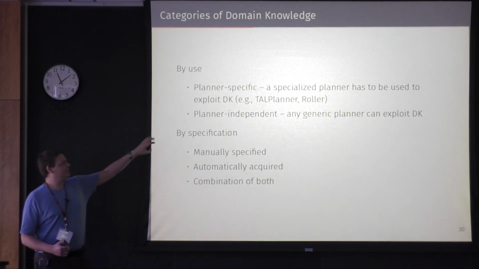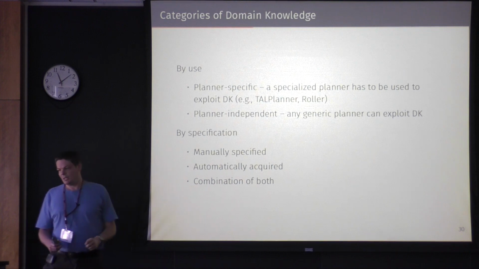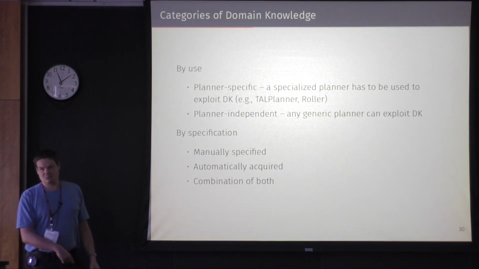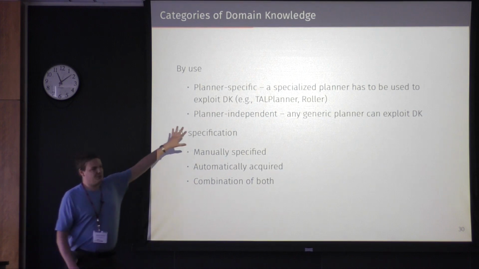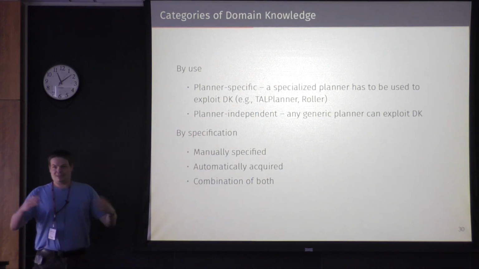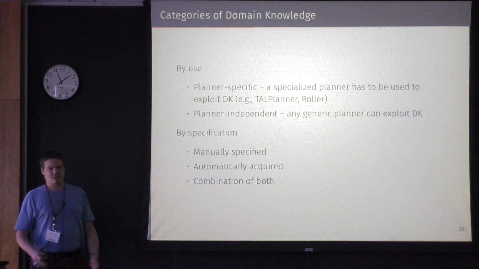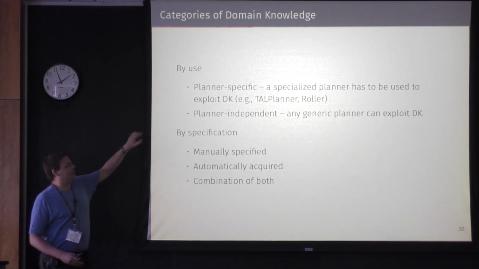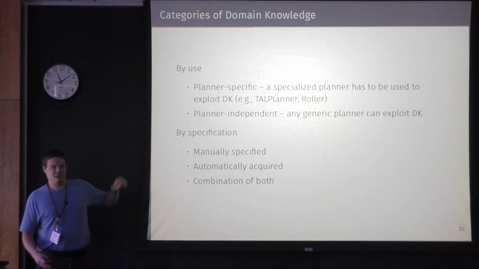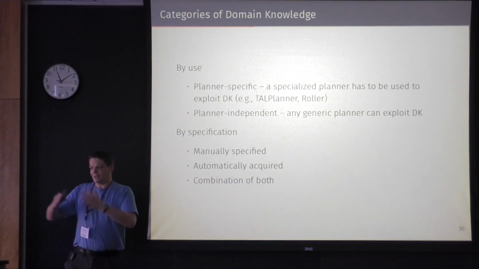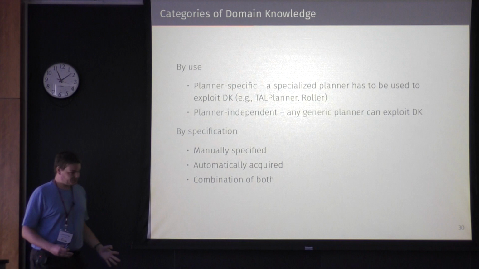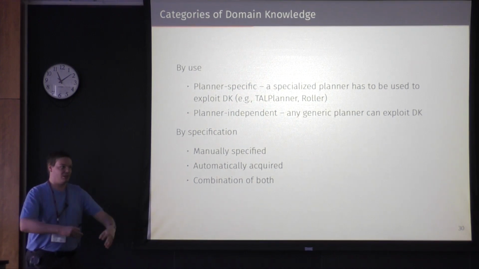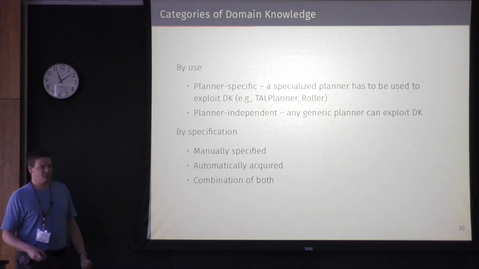If we use the planner independent strategy, we must be able to encode the domain knowledge into the domain model at the end, because a generic planning engine can only accept the domain model and problem specification in some language like PDDL to provide a plan. So for using domain knowledge in a planner independent way, we simply need some translator which will put the knowledge into the domain model.